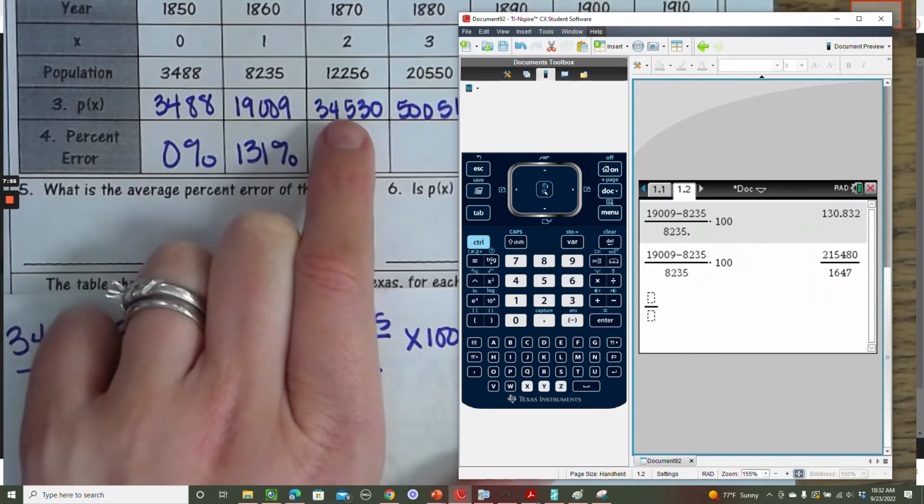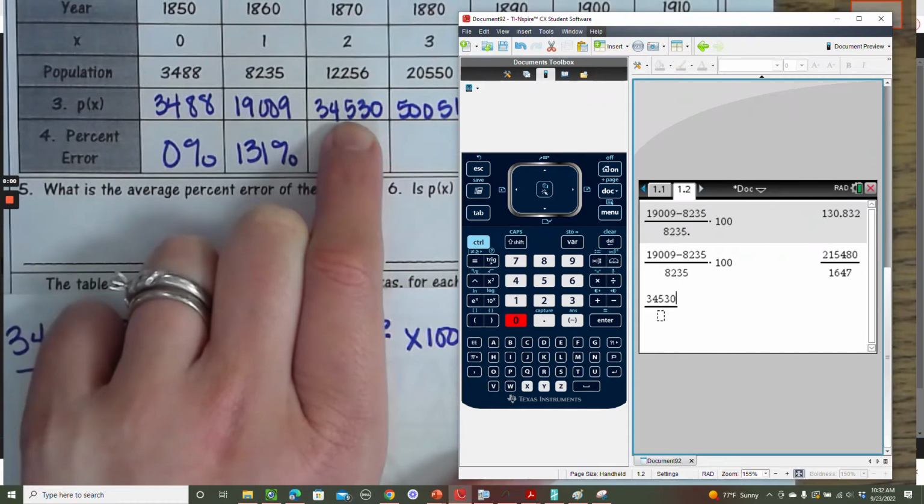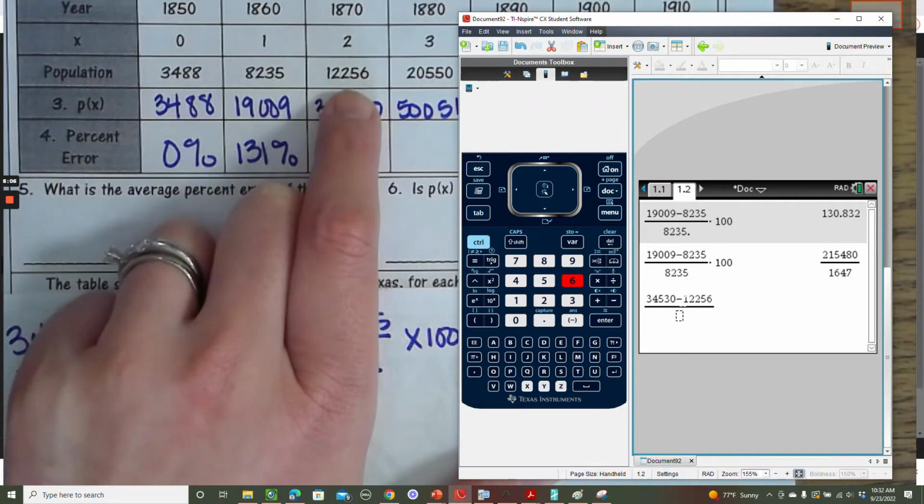Okay, so we take P of X, the predicted 34,530, subtract the actual, and you get one number off and it screws this thing up big time. Over the actual, put a decimal point, get out of the fraction, right arrow key, and then multiply it by 100.